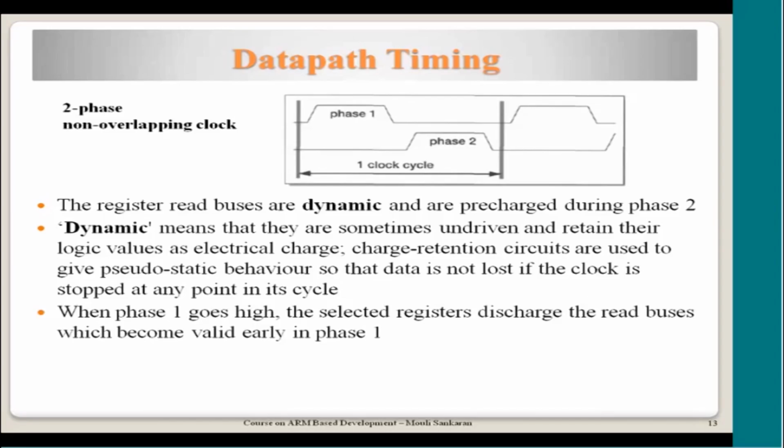So basically this is provided to enable the access of data, and the preparation for the data can be done one cycle ahead, and at the end of phase 2, whichever buses are required to feed the data for the next phase are ready with the contents.